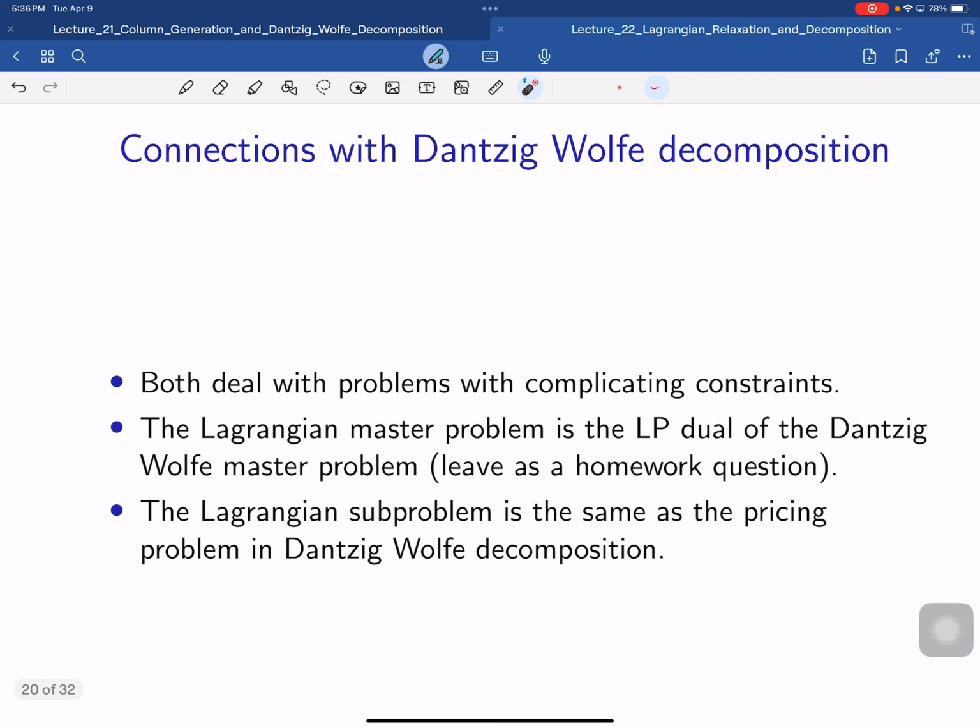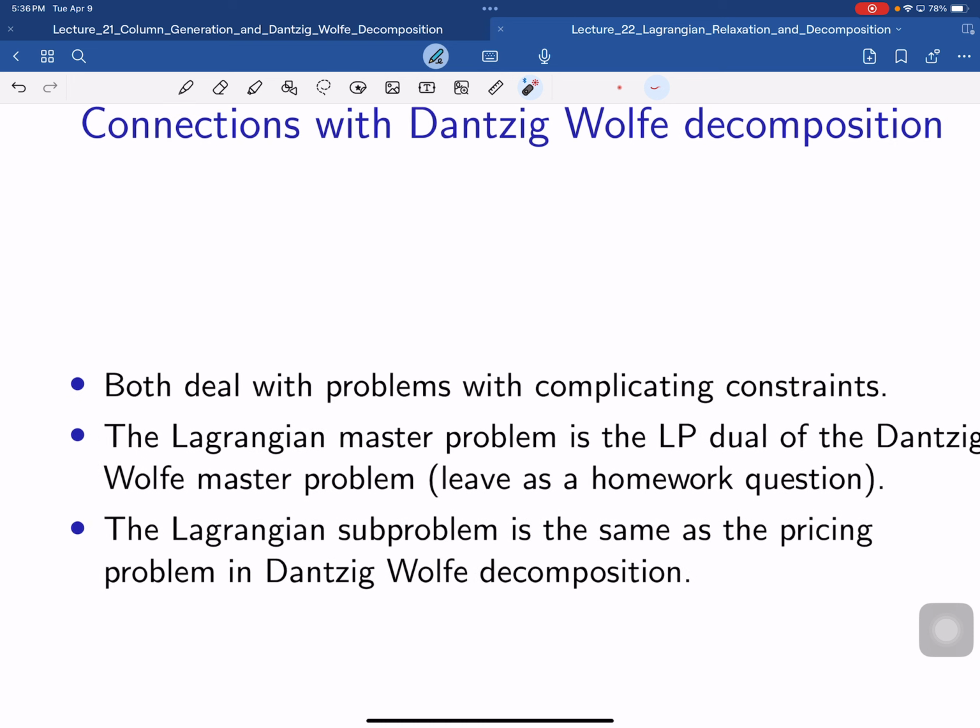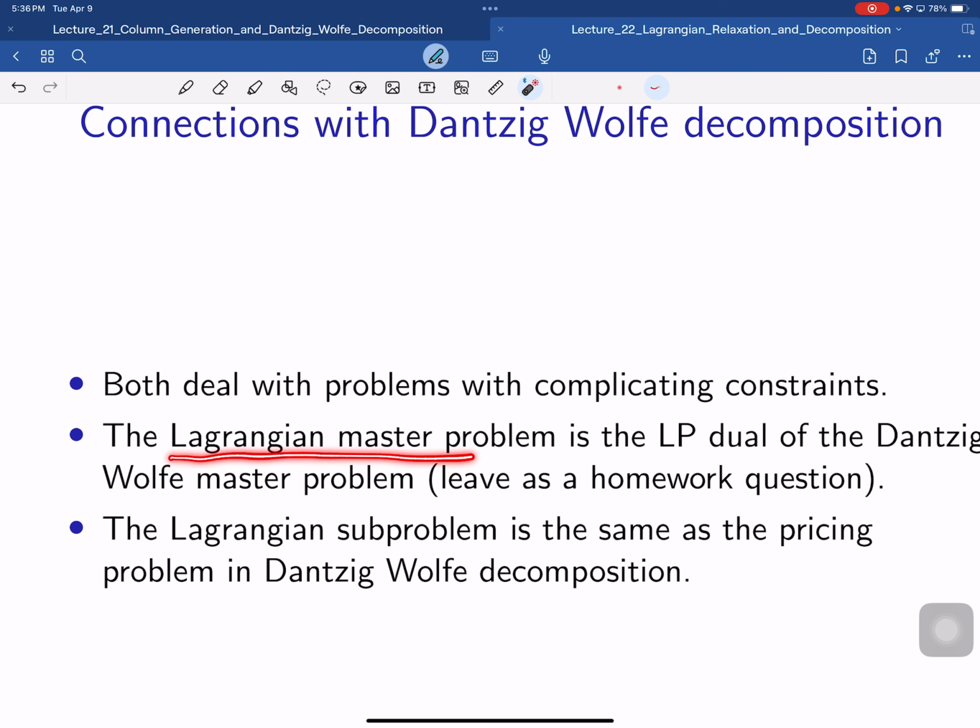Okay, so as you can imagine, this has a very nice connection with Dantzig-Wolfe decomposition, because both problems deal with complicating constraints, right? Intuitively, there must be some connections between these two problems. So you can show that the Lagrangian master problem is the LP dual of the Dantzig-Wolfe master problem, right?